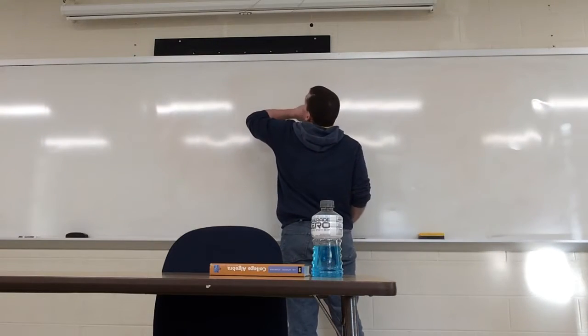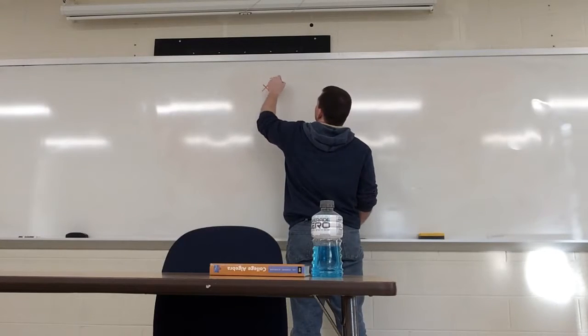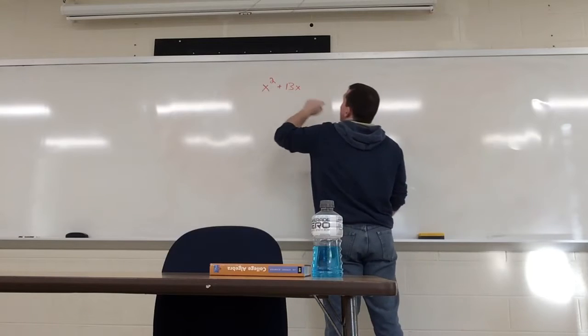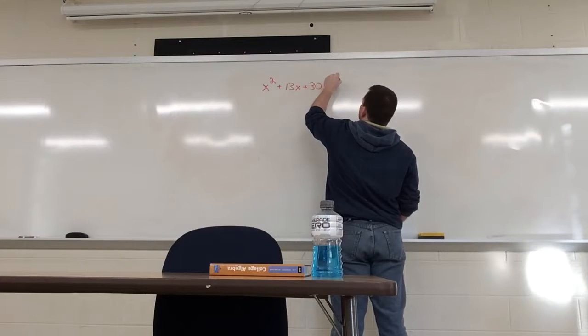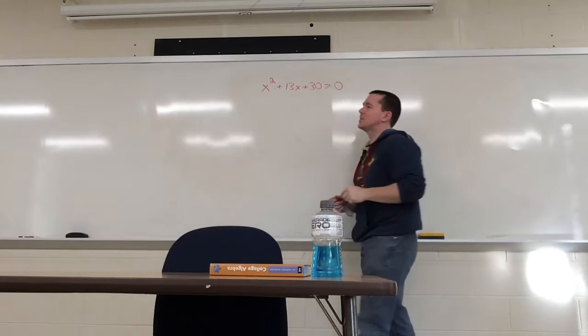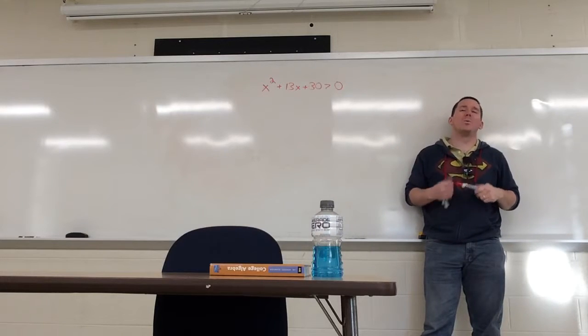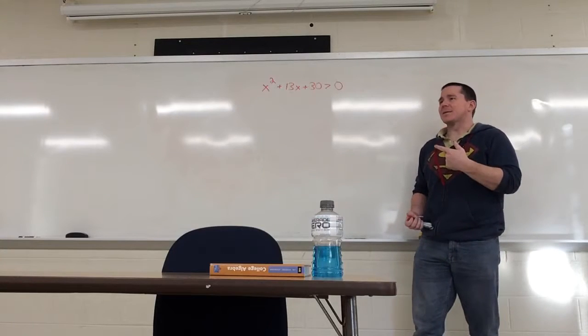It's fun. So suppose we have x squared plus 13x plus 30 is greater than 0. We'll already set this one to 0 just to be good. Again, you all know once it's quadratic, first step is always set to 0, right? Now solve that.